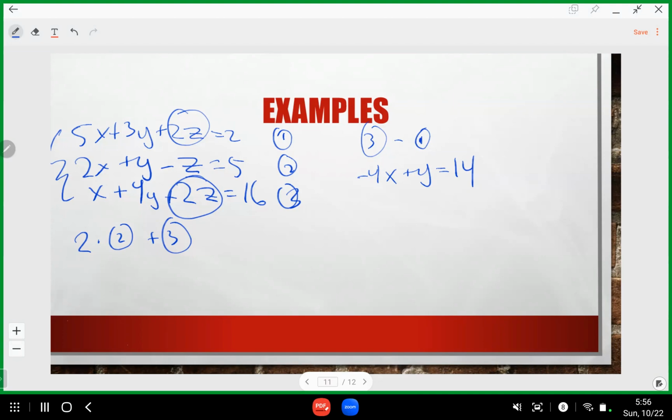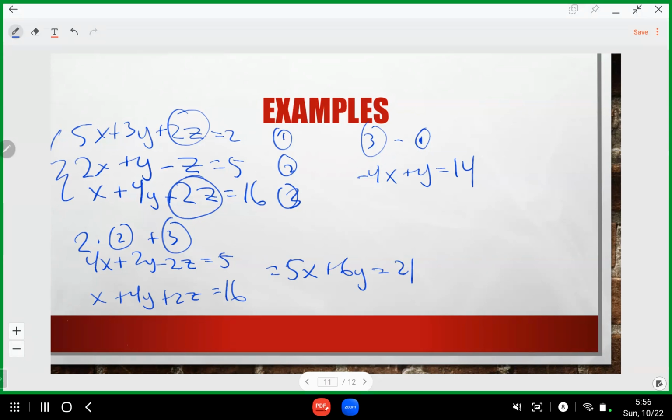So you have 4x plus 2y minus 2z here is equal to 5. And x plus 4y plus 2z here is equal to 16. And then when you add them, you get 5x plus 6y is equal to 21. So now you can actually find x and y.